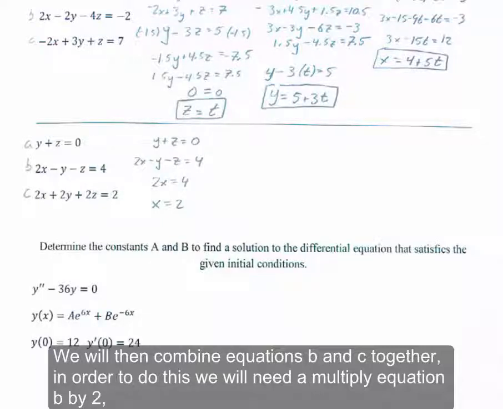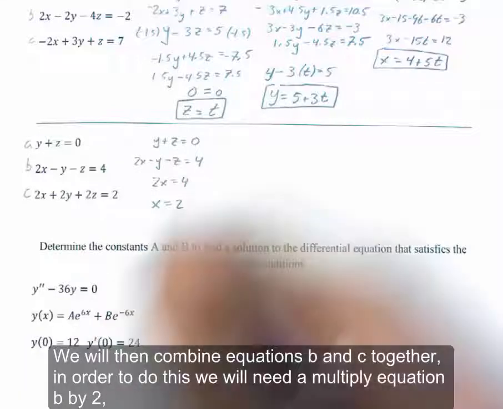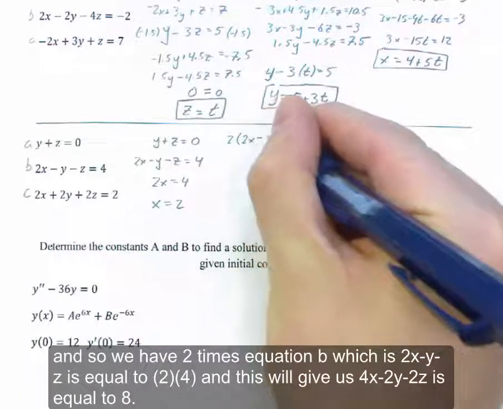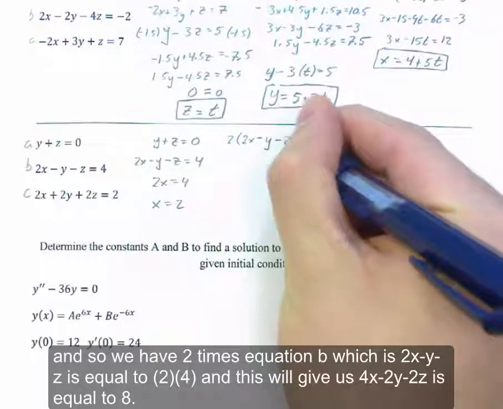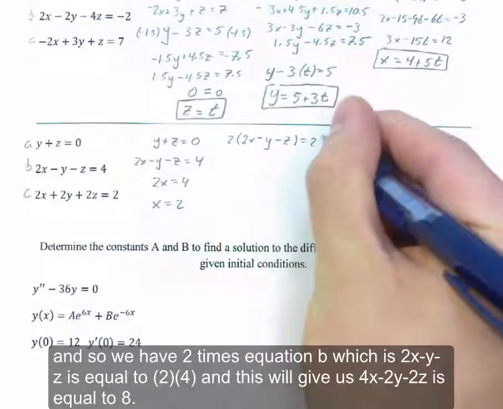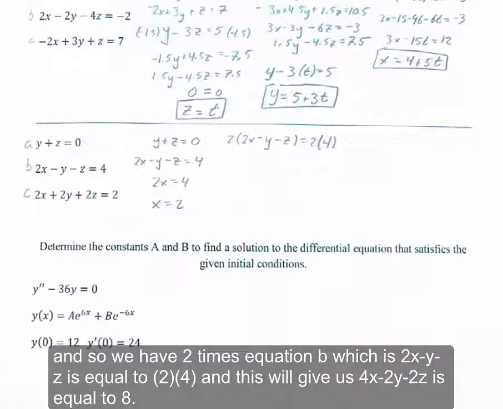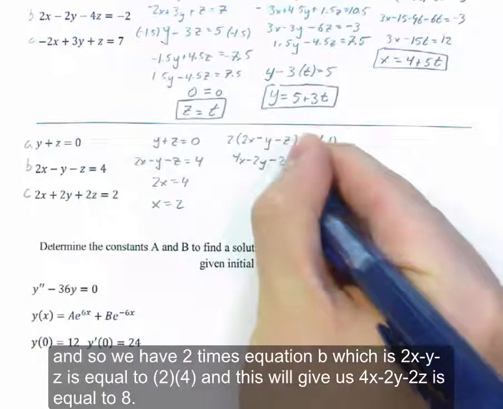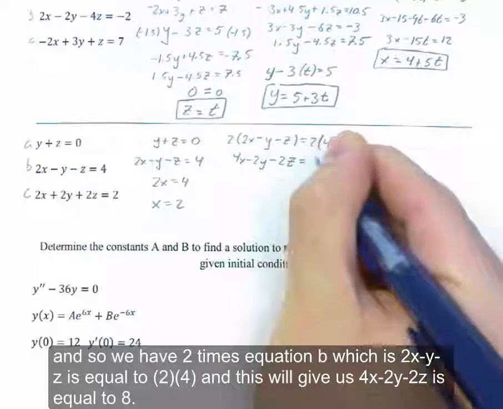In order to do this, we will need to multiply equation B by 2, and so we have 2 times equation B, which is 2x minus y minus z is equal to 2 times 4. And this will give us 4x minus 2y minus 2z is equal to 8.